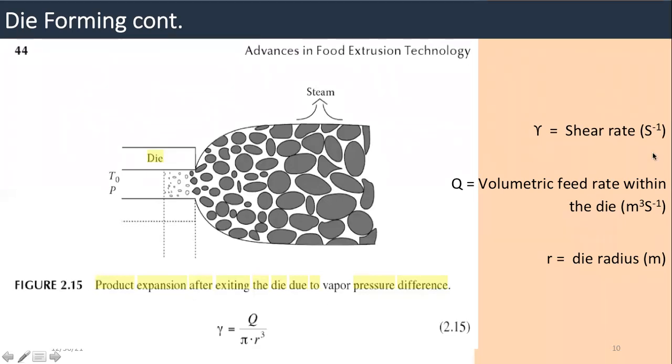So please practice this equation by using different values, right? I'm not going to give you examples because it is very easy. It is a very easy equation. So what I just wanted to explain here is what functions are occurring and happening through this die forming reaction.